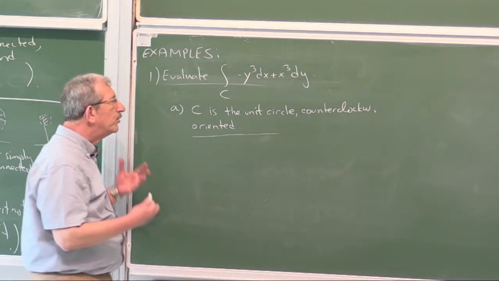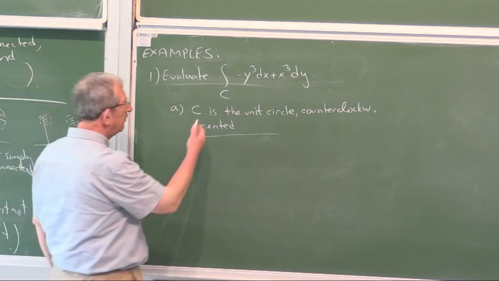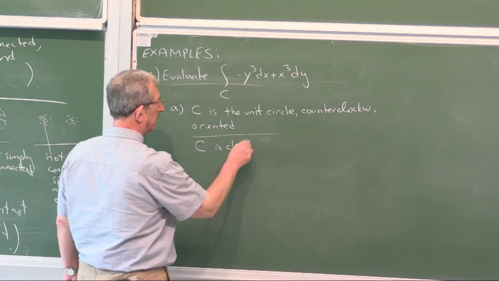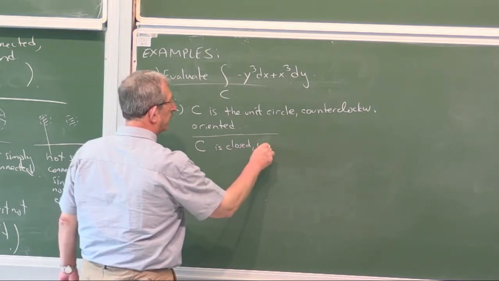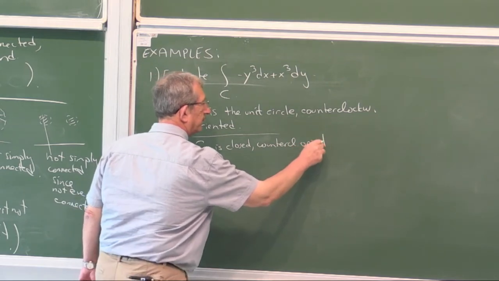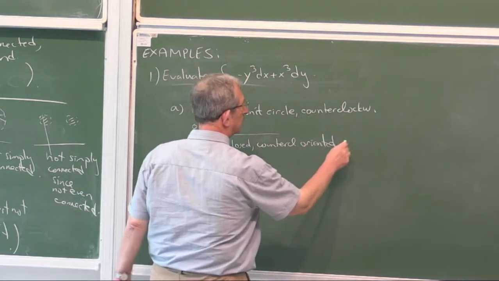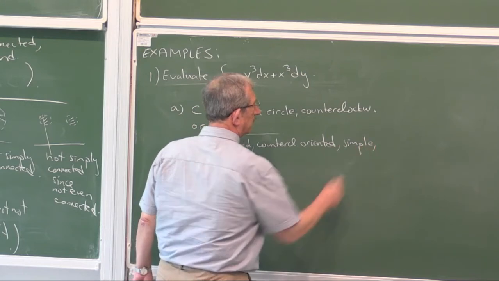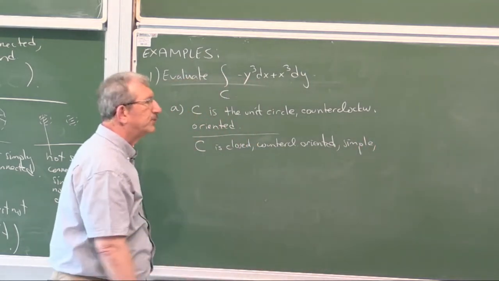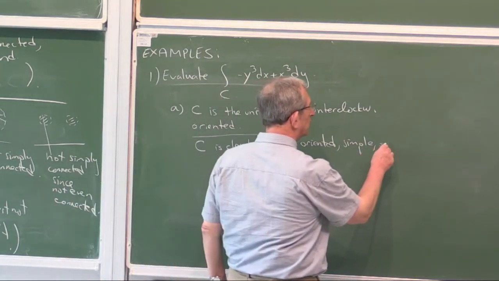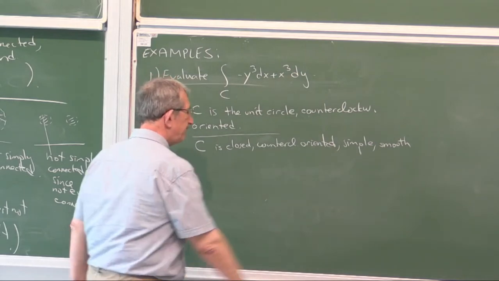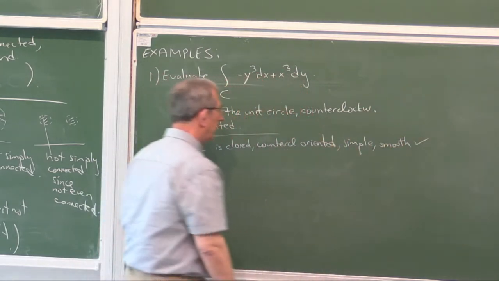So here, can we use Green's theorem? Namely, clearly, C is closed. It's counterclockwise oriented. It's a circle, so it's simple. It's not only piecewise smooth, but it's also a smooth curve. So C is okay for Green's theorem.